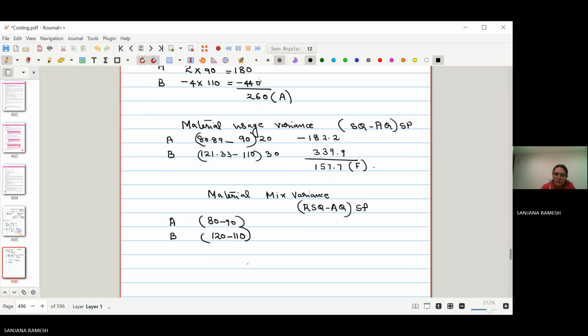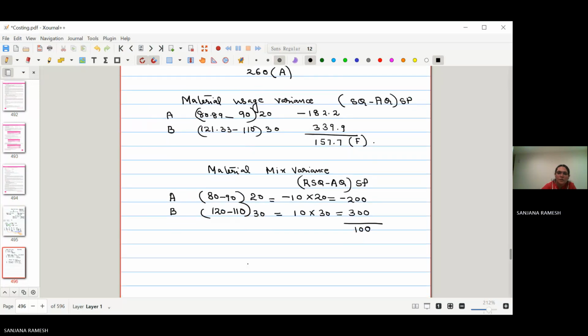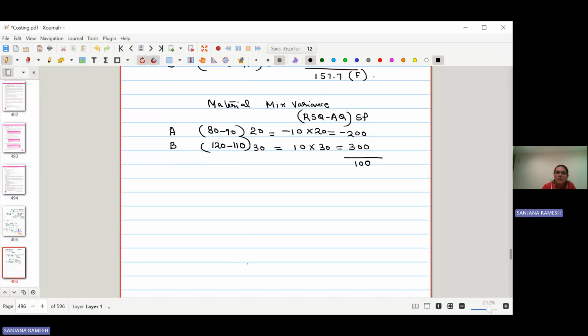So this is minus 10 into 20, which is minus 200. This is 10 into 30, so it is 300. So 300 minus 200, you will get it as 100. That is material mix variance.